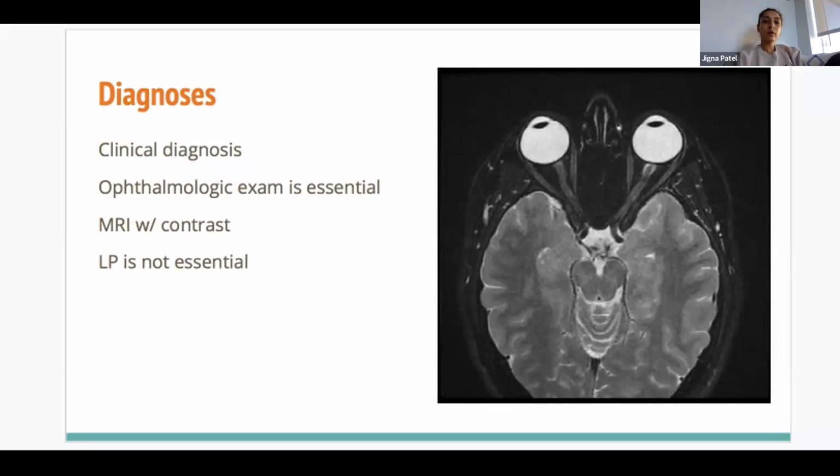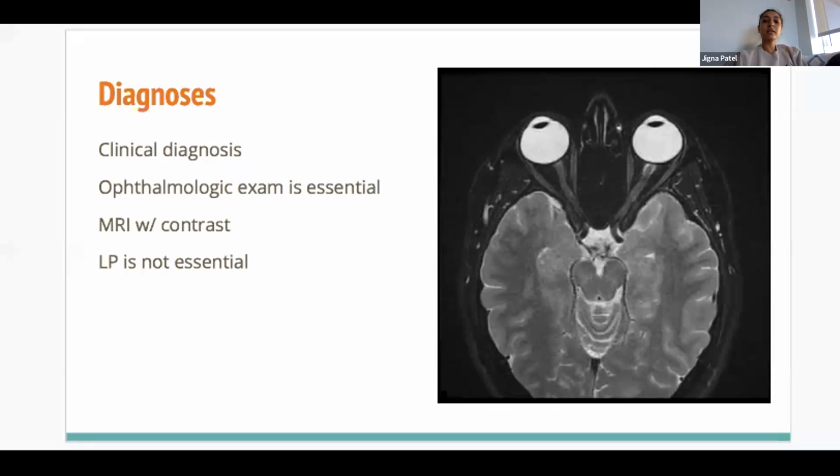An MRI with contrast can help you confirm the diagnosis, and in most cases it can also provide some prognostic information. An LP is generally not essential in these cases, unless you're considering atypical causes or a bacterial cause.